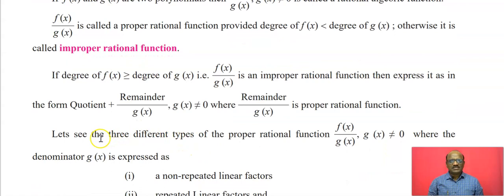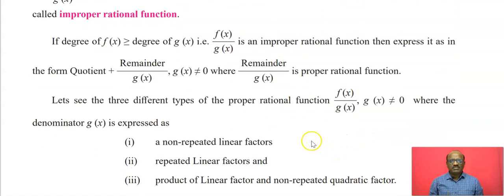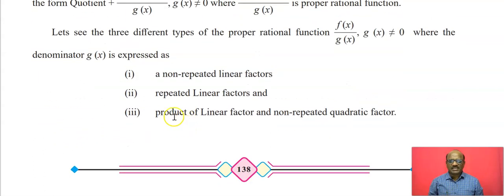Let us see the three different types of proper rational functions. f of x upon g of x, where g of x is not equal to 0, and the denominator g of x is expressed as non-repeated linear factors, repeated linear factors, or a product of a linear factor and a non-repeated quadratic factor.